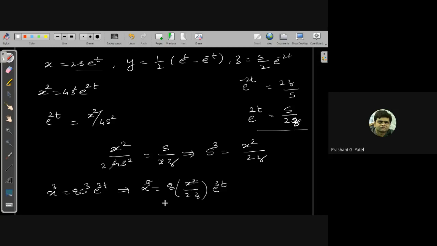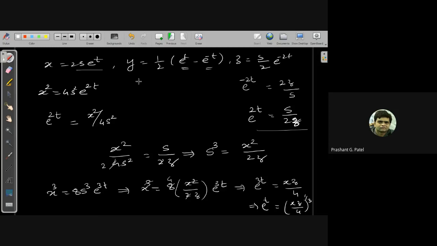This x cancels out. This will give me 4 e^(3t) will be xz, so e^(3t) is xz upon 4, and e^t will be xz upon 4 raised to 1/3. So this is the value of e^t we got.